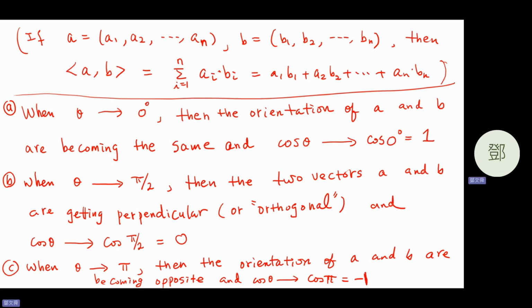So when cosine pi is -1, the angle between these is 180. What happens to their orientation? They are opposite, in opposite directions. This direction and this direction. Understand?